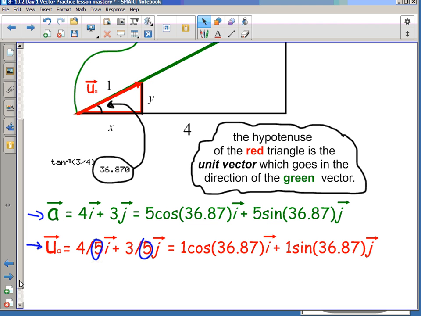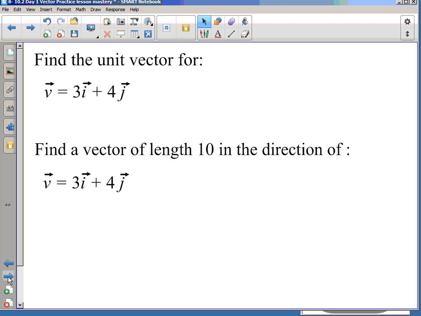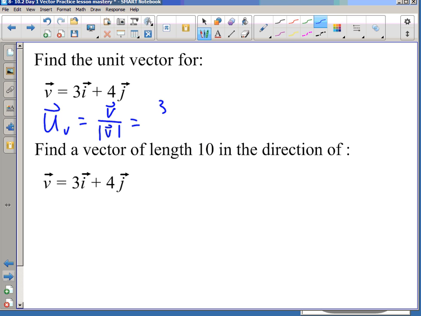So let's just basically look at this problem and say, find the unit vector for 3i plus 4j. So we just did this problem basically, but let's take a look at it as a new problem. We want the unit vector. It's going to come from the vector divided by its magnitude. The vector is 3i plus 4j.